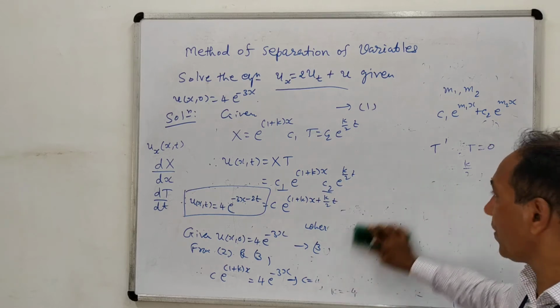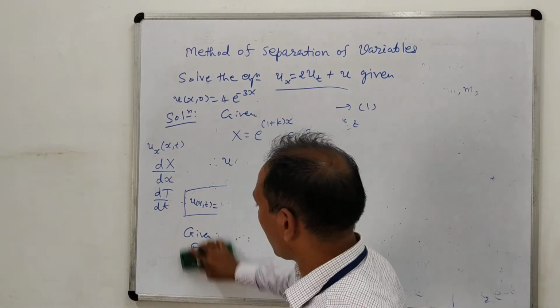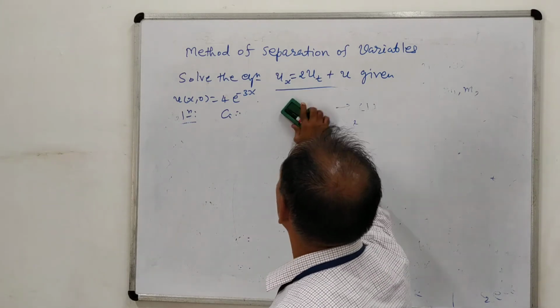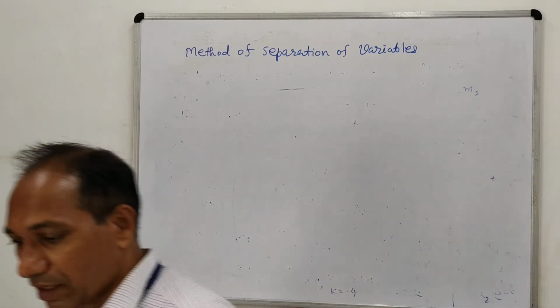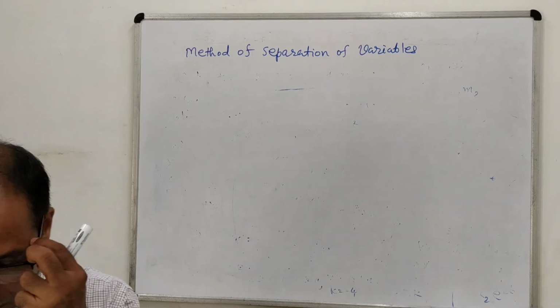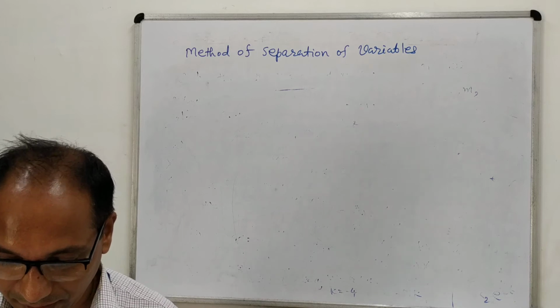But do remember, every year in every examination one example comes from this topic. That means the use of method of separation of variables. Okay, understood? So this solution you can do within 4 to 5 minutes. Not much time is required here.